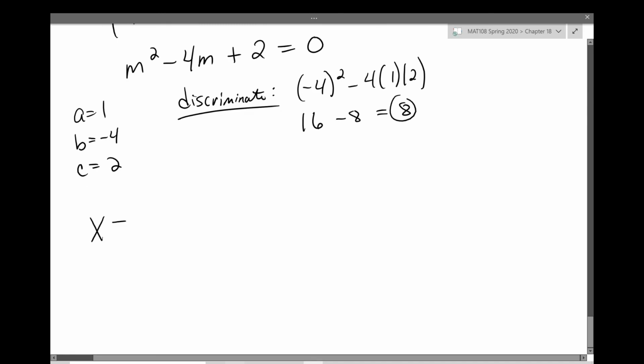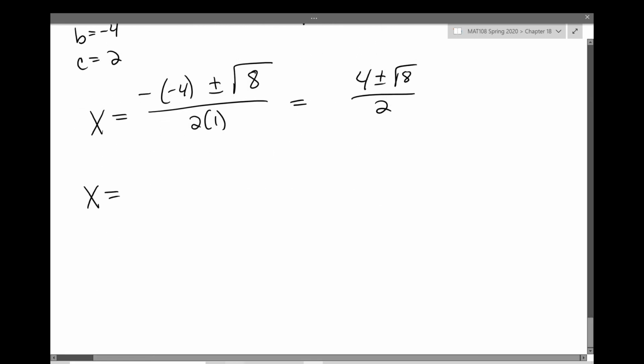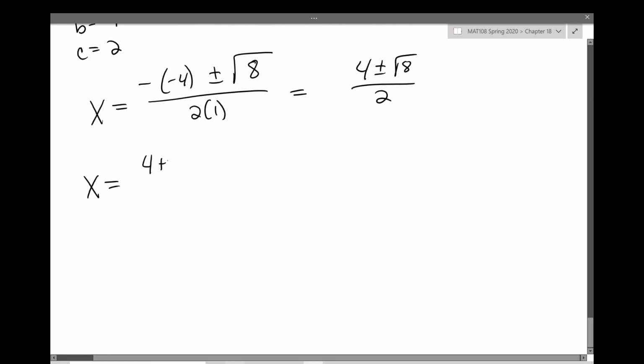So x equals negative 4 plus or minus the square root of 8 all over 2 times 1, which equals 4 plus or minus the square root of 8 all over 2. So now let's separate. X equals 4 plus the square root of 8 over 2, and x equals 4 minus the square root of 8 over 2. Okay?